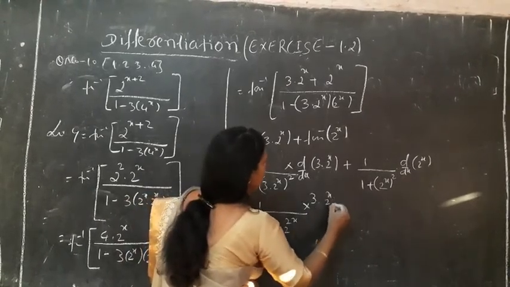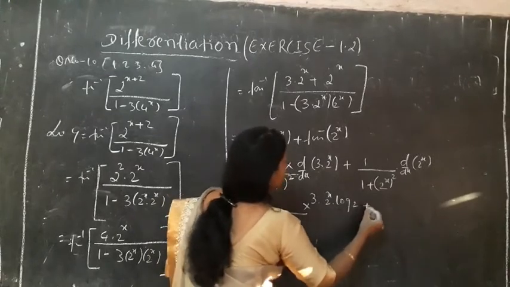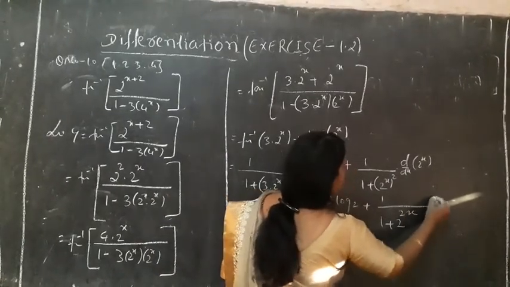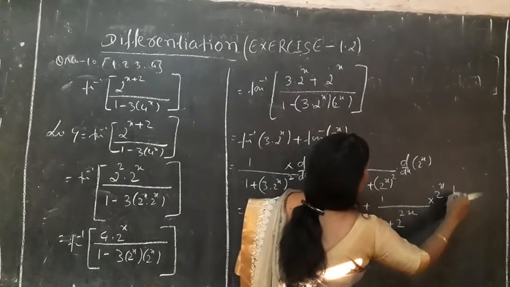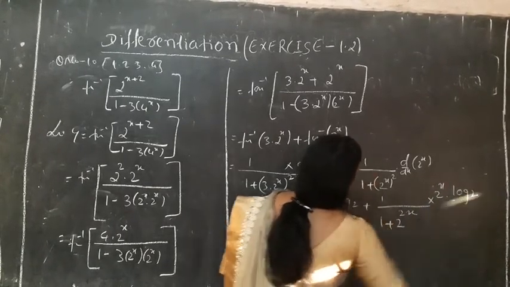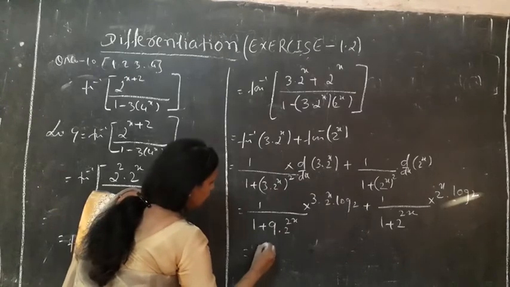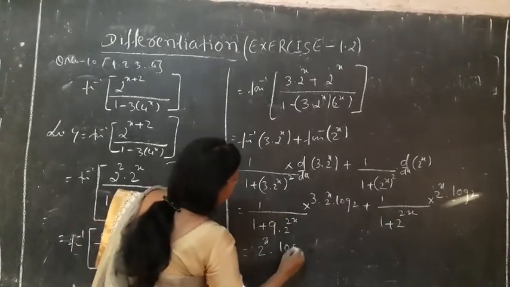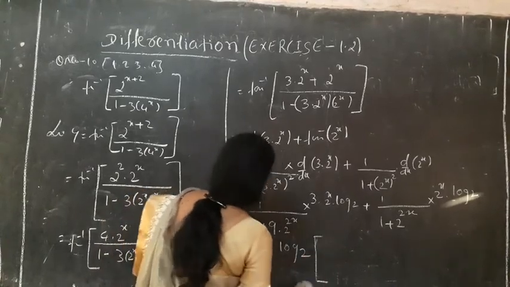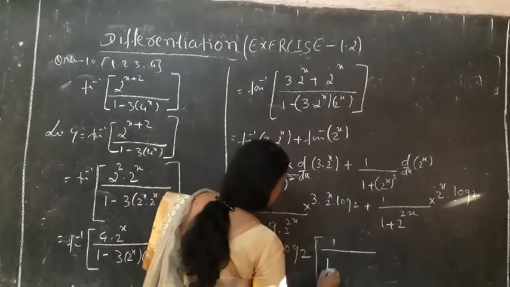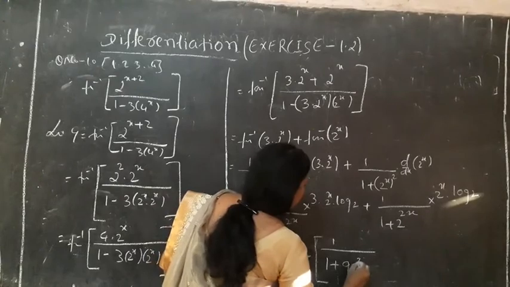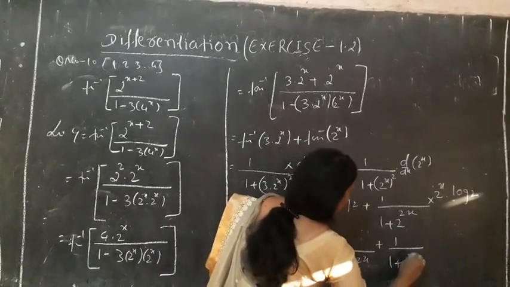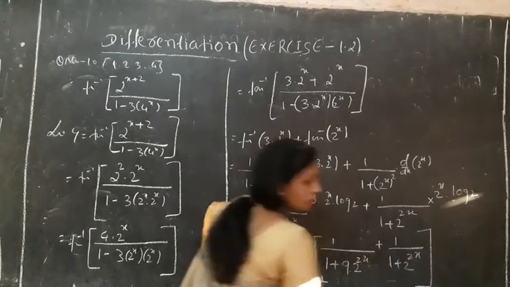This becomes 2 raised to x log 2, plus 1 divided by 1 plus 2 raised to 2x. Differentiation of this function is 2 raised to x into log 2. Now see here, 2 raised to x log 2 is common. So we can write 2 raised to x log 2 into 3 divided by 1 plus 9 into 2 raised to 2x plus 1 divided by 1 plus 2 raised to 2x. This is the answer.